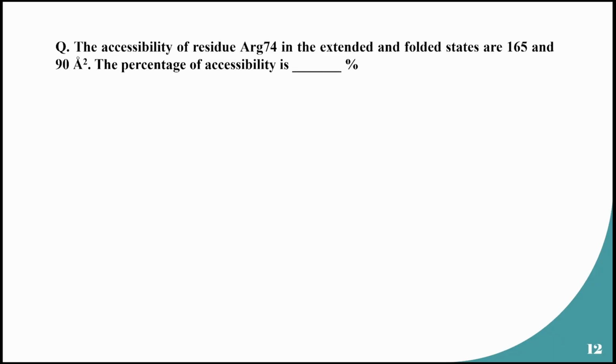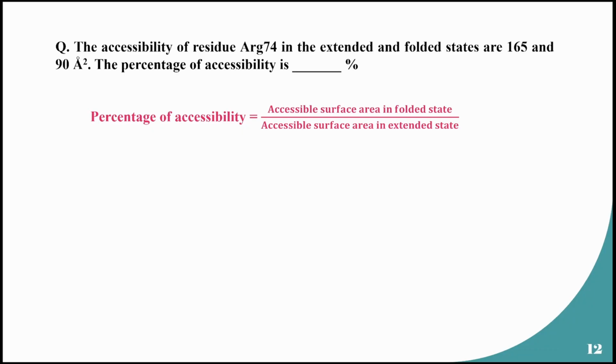So what is the percentage of accessibility in this case? You just have to find out using this formula. So here it is saying the accessible surface area in folded state divided by the accessible surface area in an extended state. The two values are given here, of course: in extended and folded, it's 165 and 90 angstrom square. So what would be the percentage of accessibility?